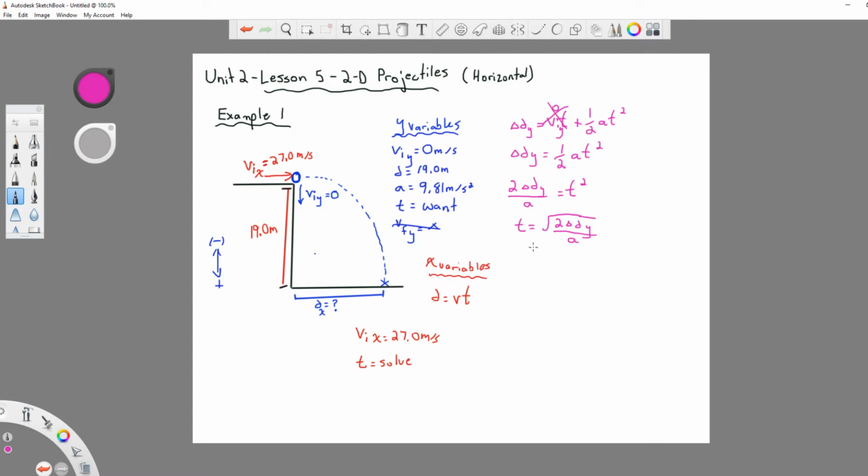Okay, so now we have time is equal to the square root of 2 times our displacement value, which was 19 meters, over 9.81 meters per second squared. All right, and that gives us a time of 1.968 seconds.